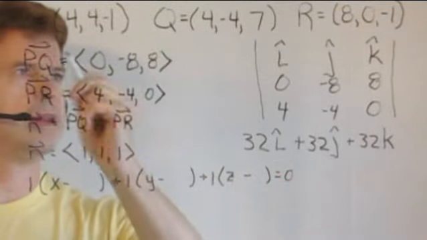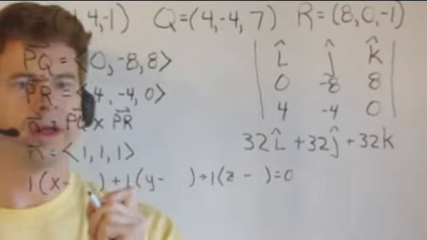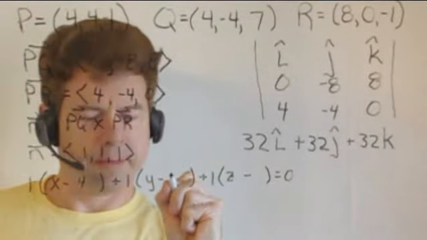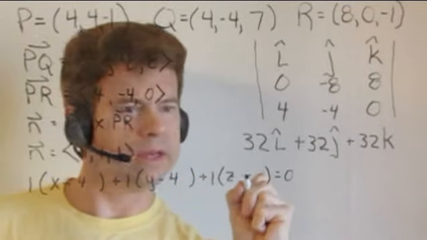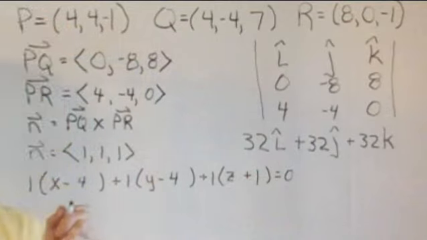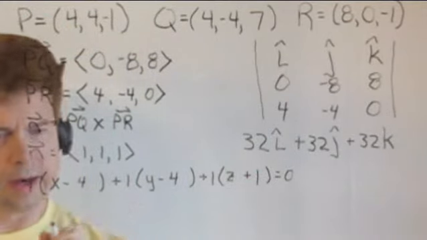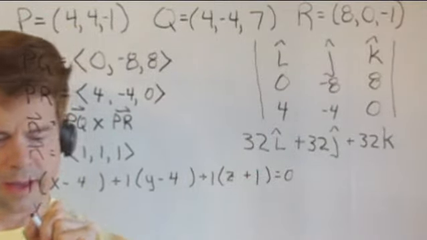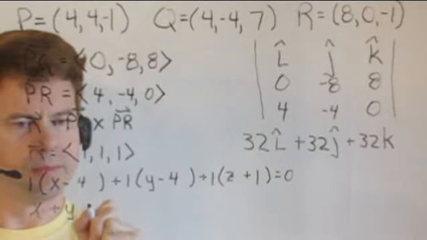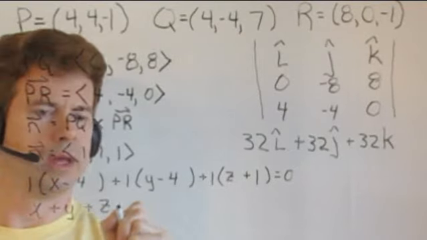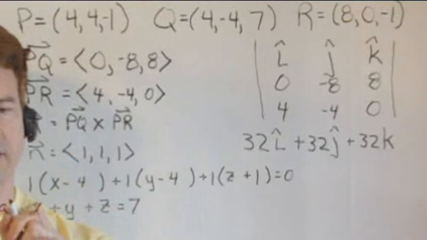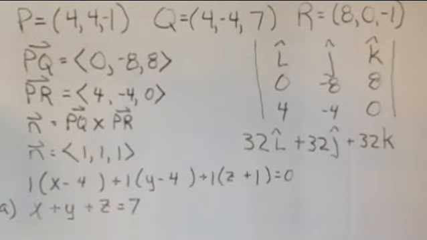Then at these points we can plug in any one of these, but I'll go ahead and use P. So it's x minus 4, y minus 4, and z plus 1. So all we have to do is add the 4's to both sides, subtract a 1. That gives us our equation of the plane, x plus y plus z equals 7. And that's our answer to the A question. Gives us our first part.